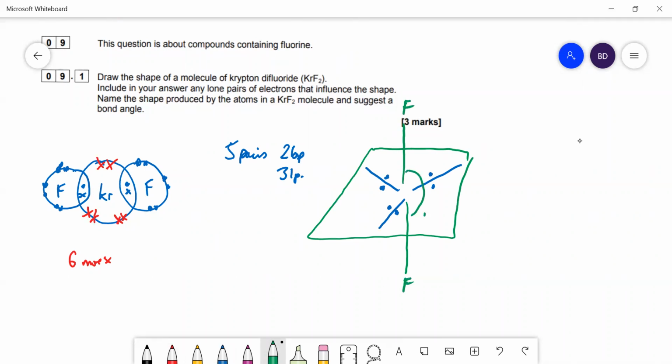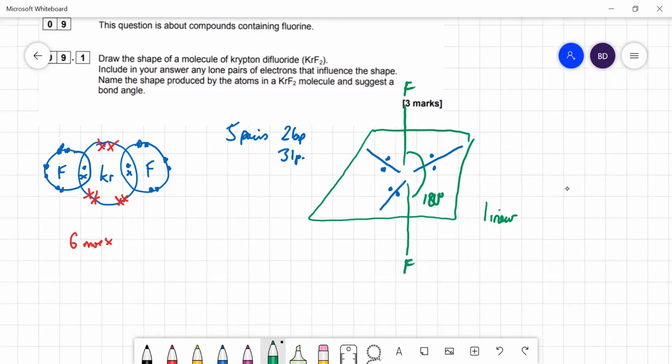The bond angle there is going to be 180 degrees, and you would call that a linear molecule, right? You could probably just guess, saying there are 2 bonding pairs, and get the right answer, but you wouldn't get the marks. You've got to put in those lone pairs and be aware that there are 3 lone pairs there.